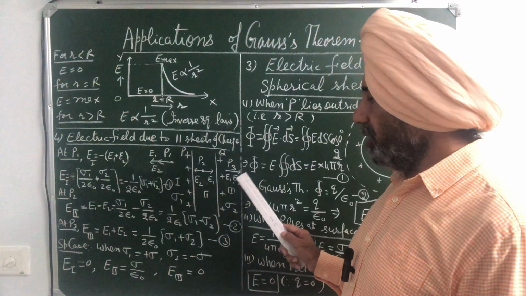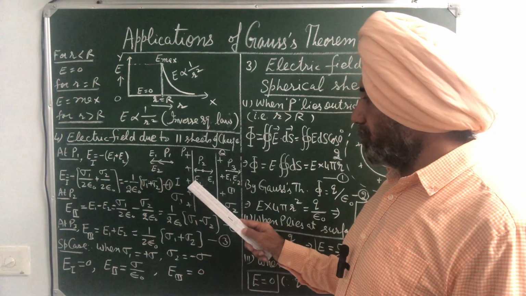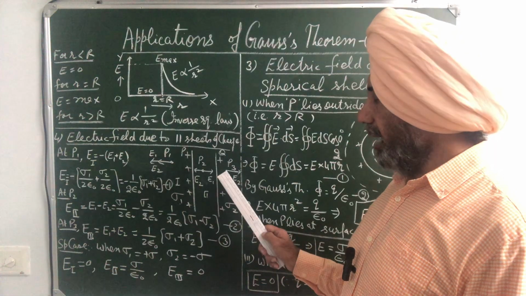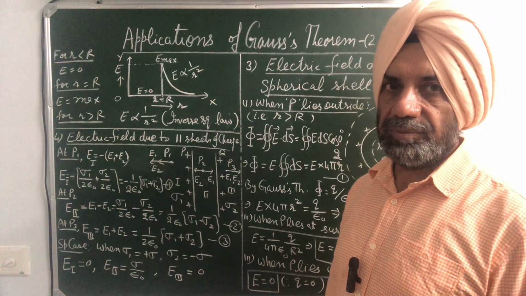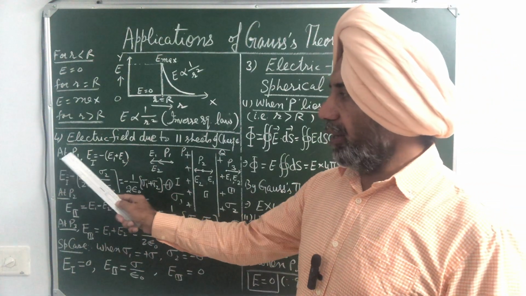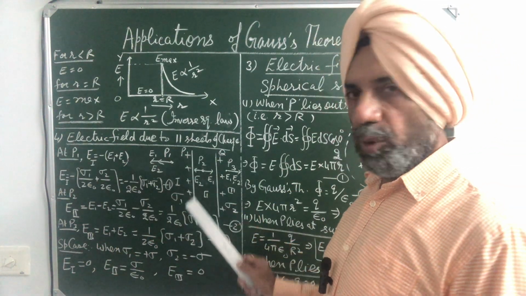And in region 3, the electric field due to the plates P and Q will always be towards the right and in the same direction.